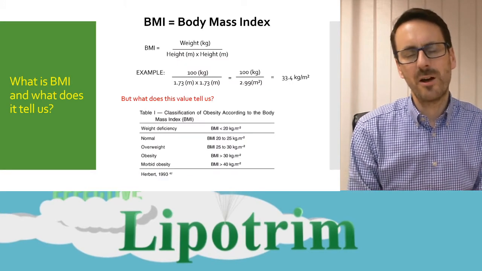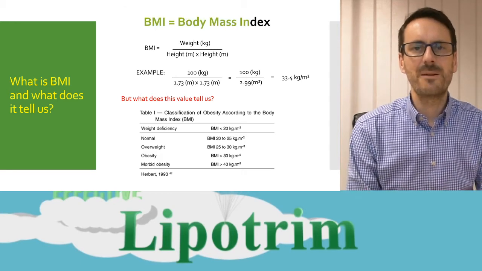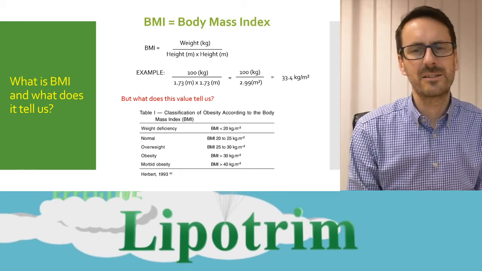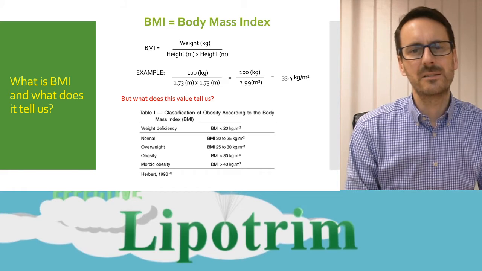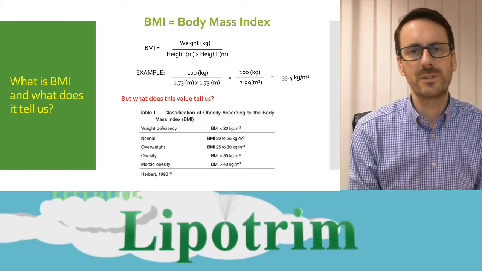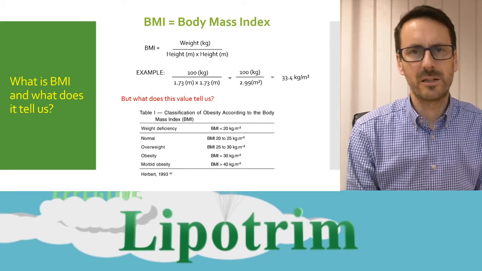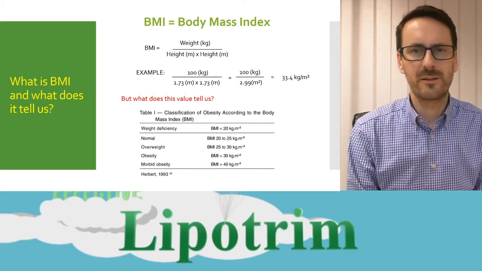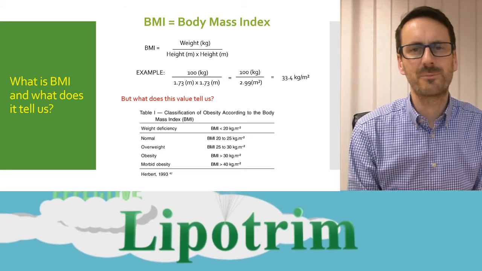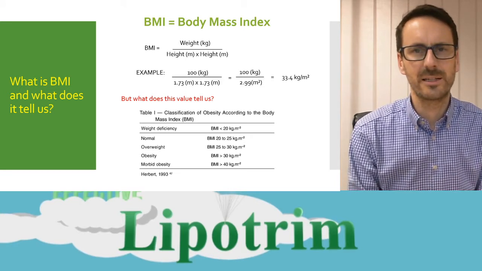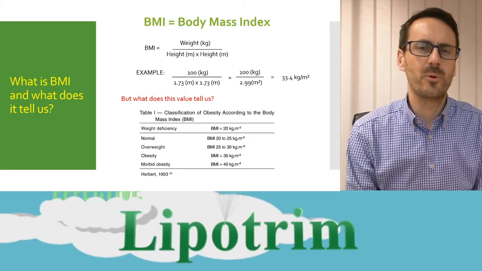So what is BMI and what does it tell us? Well, BMI stands for body mass index, and BMI is a simple calculation using the weight of an individual and the height of an individual. So this particular person's weight, we're going to give an example here, and we're going to put this patient at 100 kilograms, say. Their height is 1.73 meters.